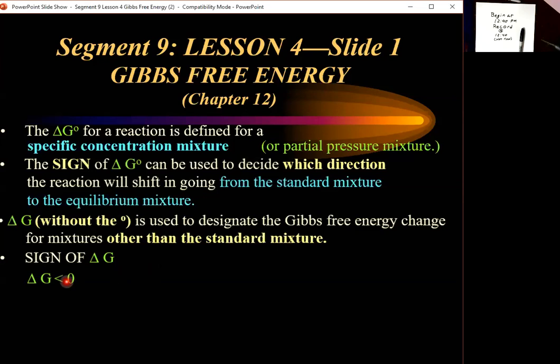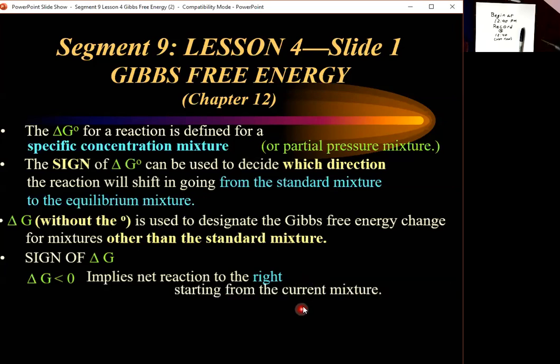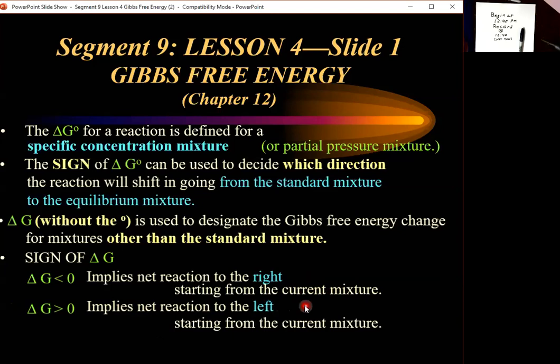So if delta G for that reaction is less than 0 from whatever concentrations you have, the reaction goes to the right the way you wrote the equation, but starting from a current mixture, not the standard mixture. If delta G is greater than 0, again without the superscript, then the reaction to the left is spontaneous, starting from current concentrations.